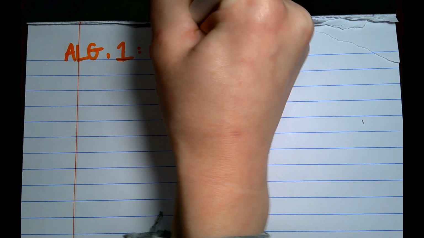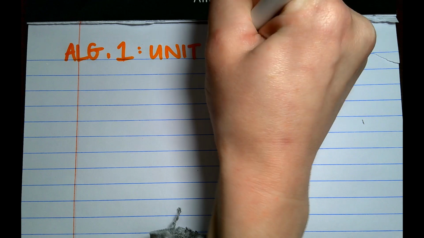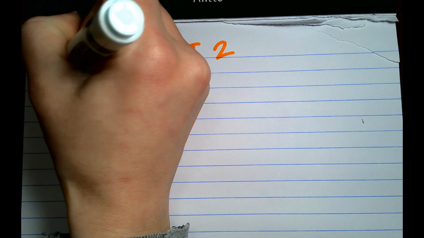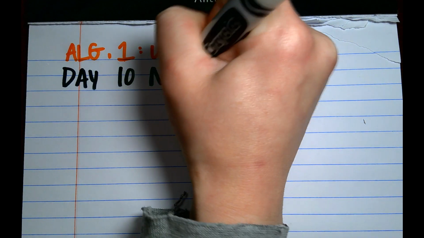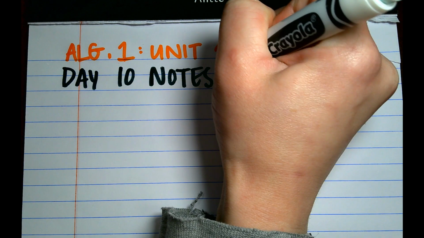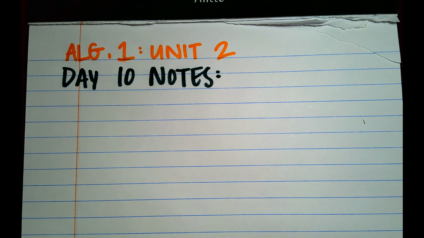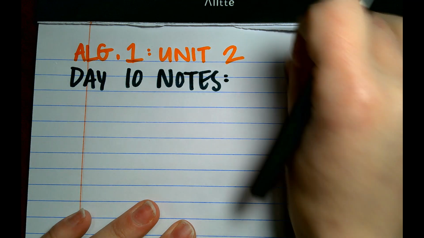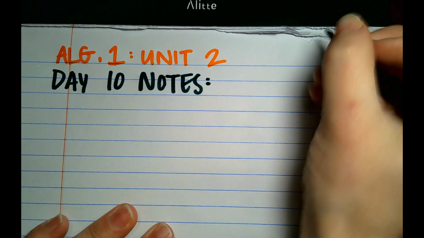Algebra 1. We're in Unit 2, and Day 10 notes, and page 2.